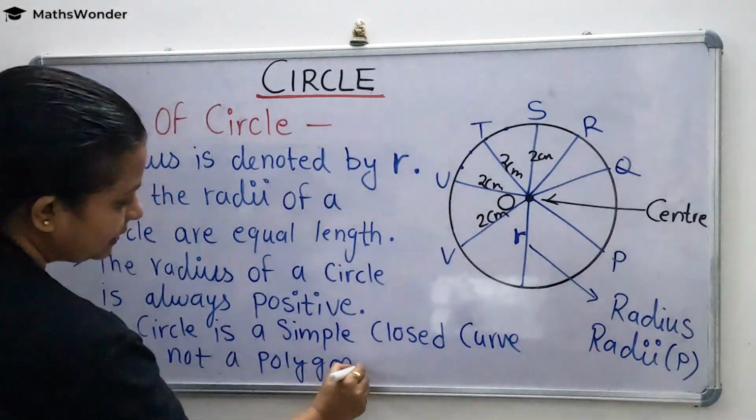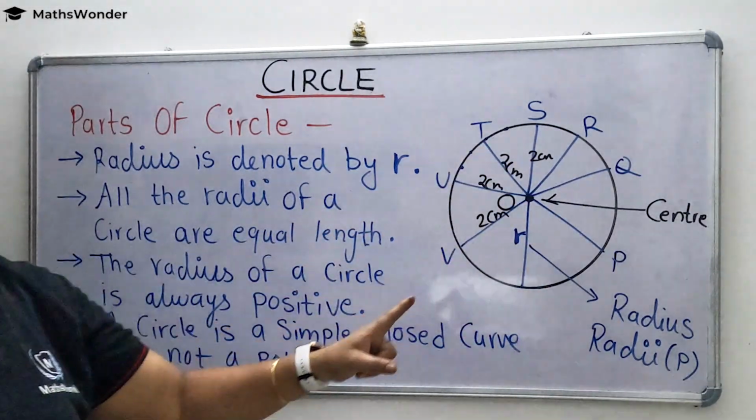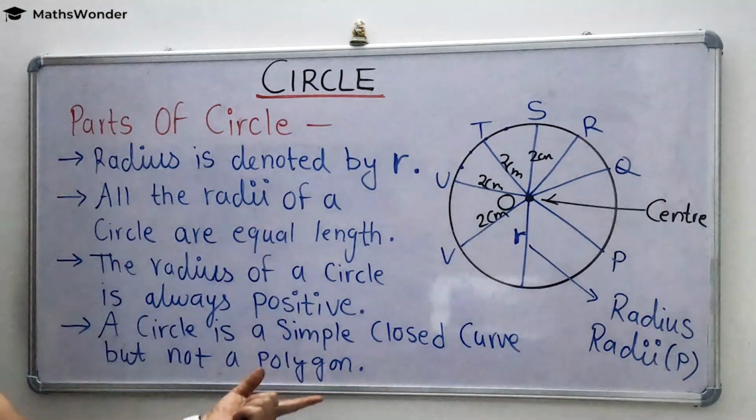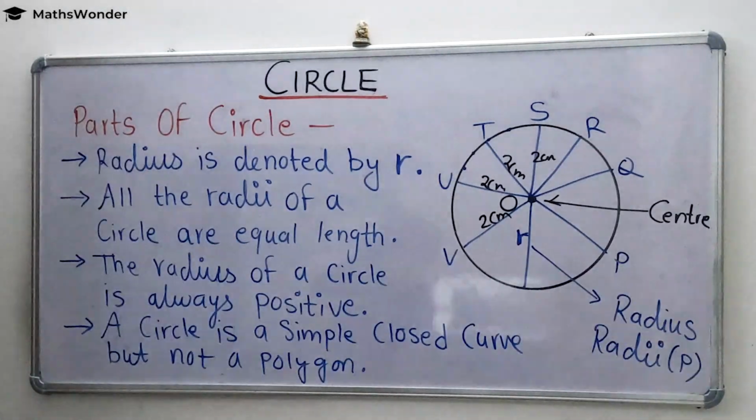A polygon is made up of line segments, right? But a circle is not made up of line segments. So a circle is a simple closed curve but not a polygon, as it is not made up of line segments. It is curved, right? It's a very important property.